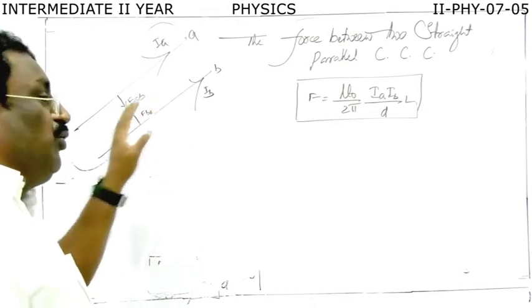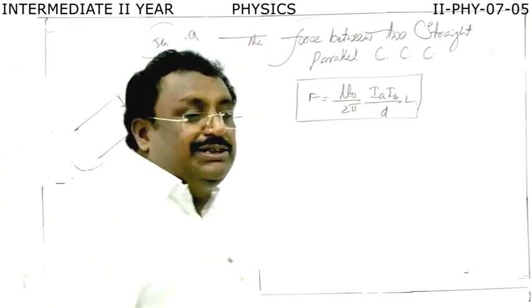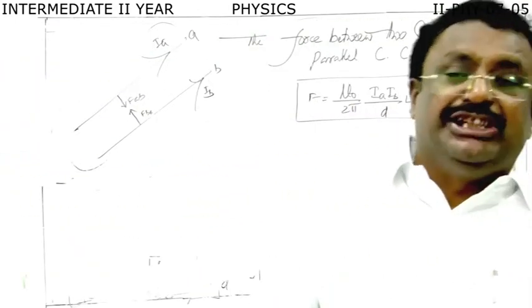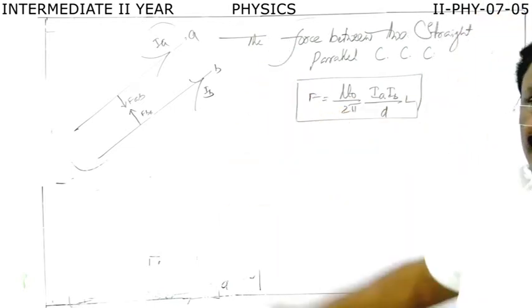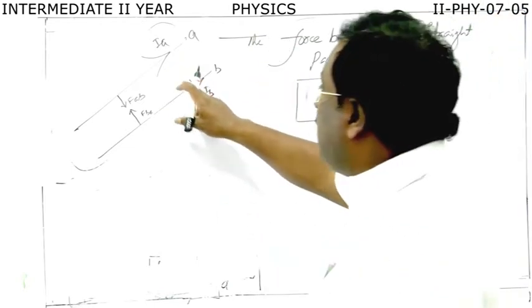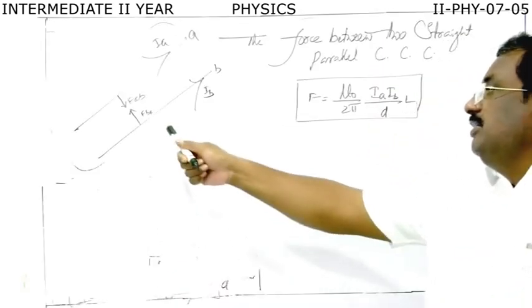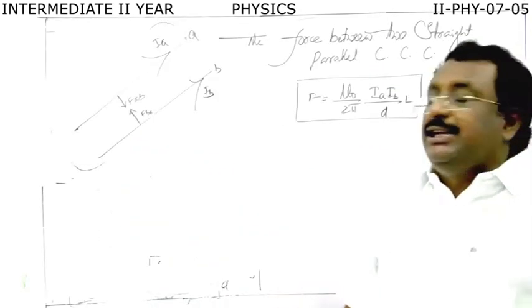Here, when current is flowing in the same direction in both conductors, that means parallel, the force between them is attraction.